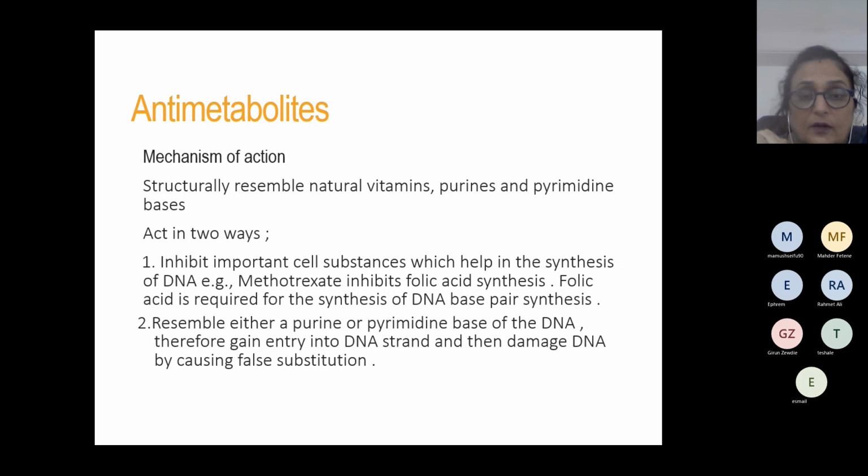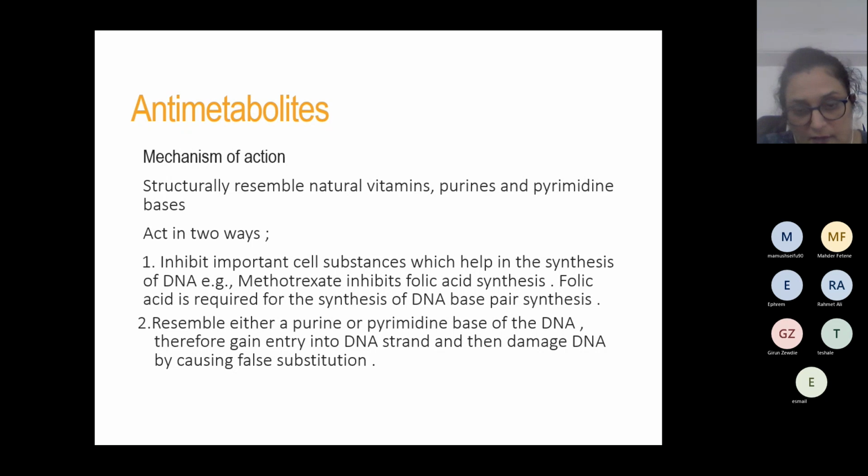But what happens if these antimetabolites are given? After getting metabolized in the body, their structure is similar to purine and pyrimidine. So after they are metabolized, they go and attach themselves to the DNA which is undergoing DNA synthesis.